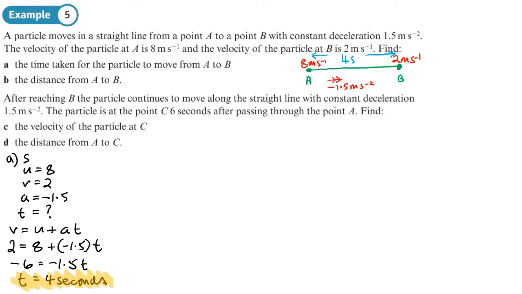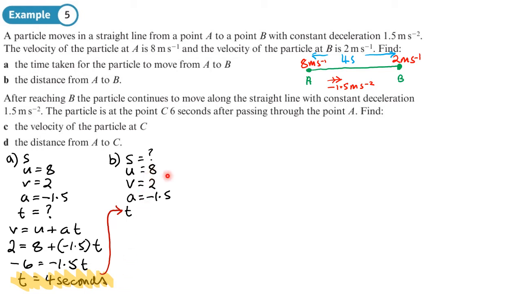Part B, we want to work out the distance from A to B, so we want to work out S this time. So I'll put a question mark here. U is still 8, V is still 2, A is still negative 1.5. Now I could, if I wanted to, use my answer for T from part A, but I don't need to.